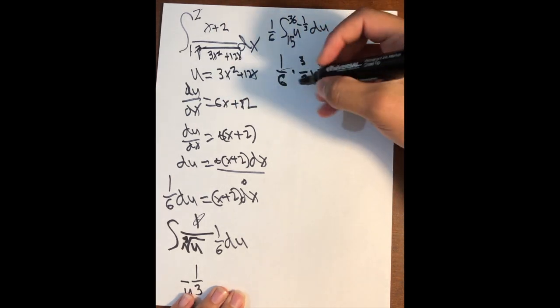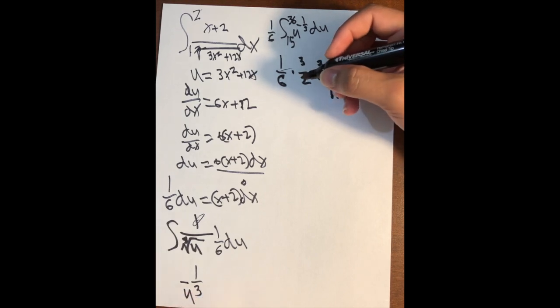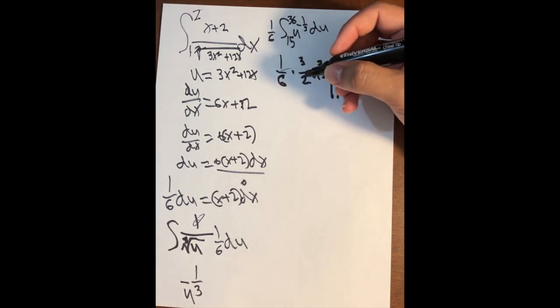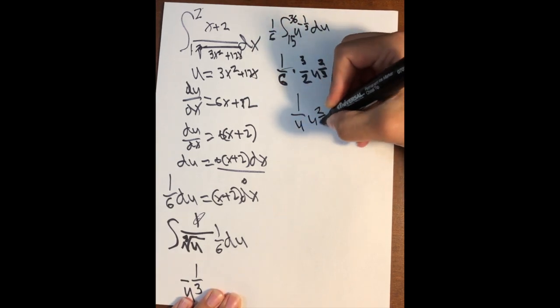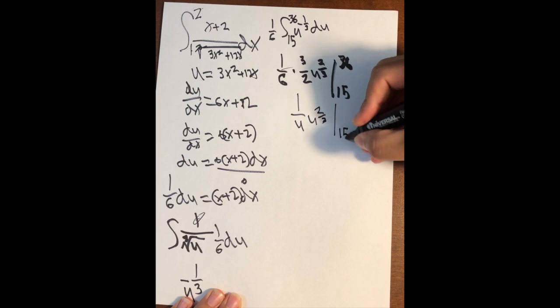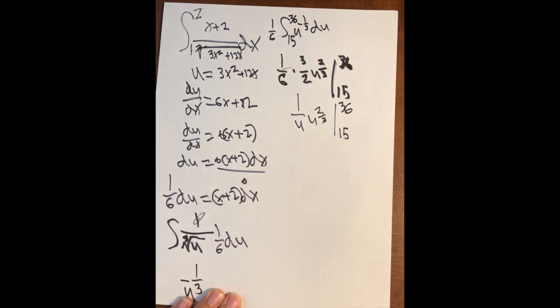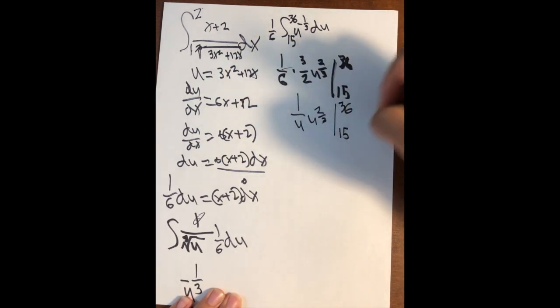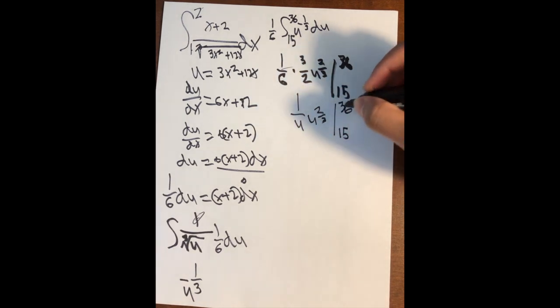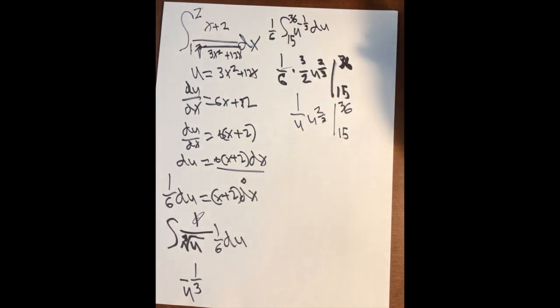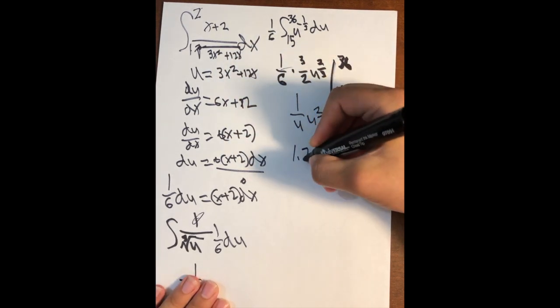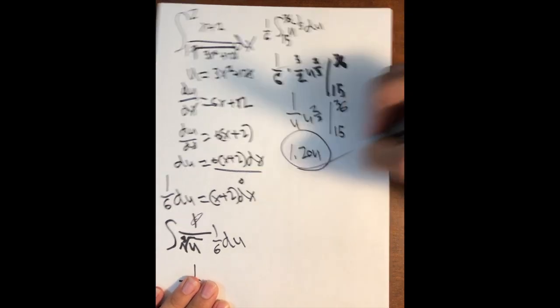Now we can simplify those two numbers: 1/6 times 3/2 gives 1/4. So we get 1/4 u to the 2/3 from 15 to 36. When we put the numbers in, we put 36 in, get a number, and subtract the number we get when we put 15 in, and we get 1.204 as our answer.